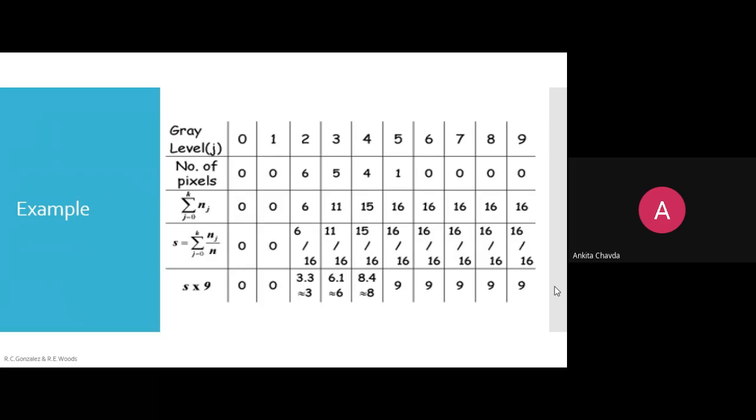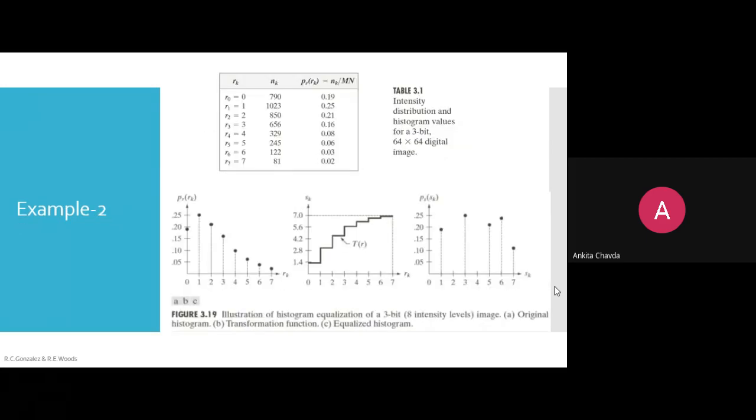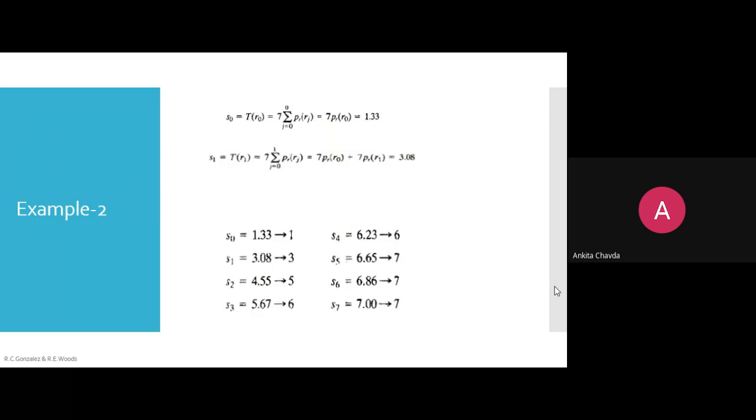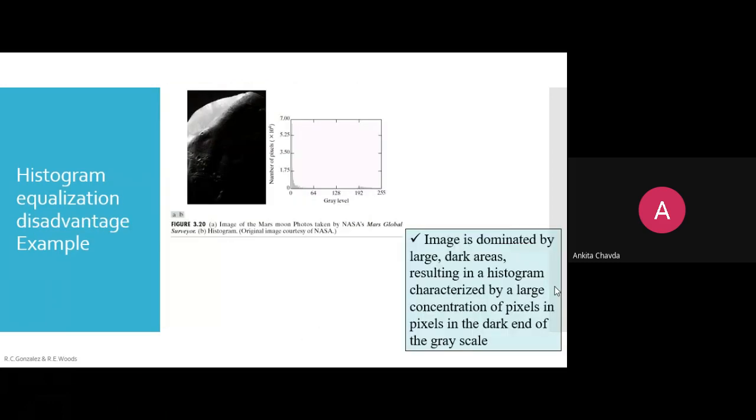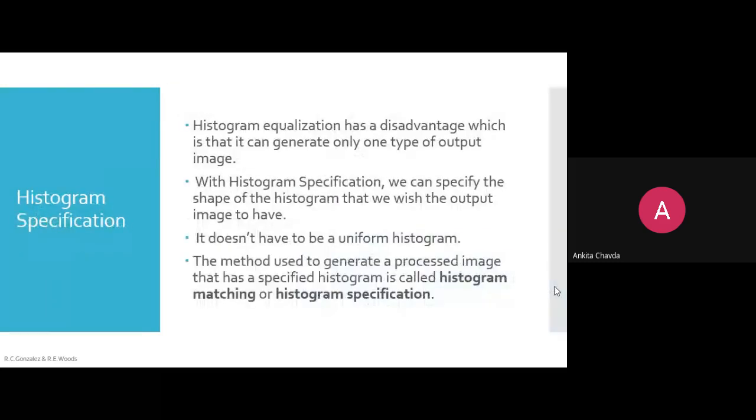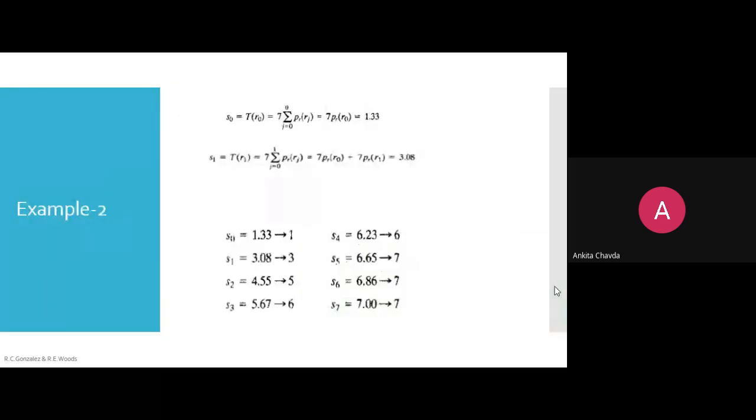You've done this, right? Have you solved this example, everybody? Which one?